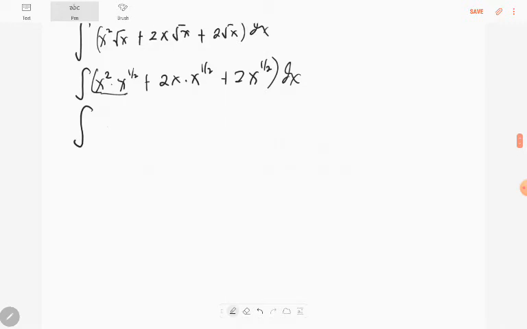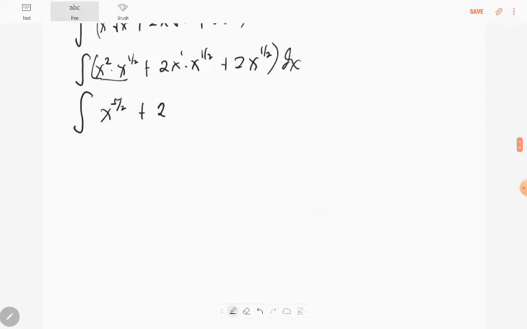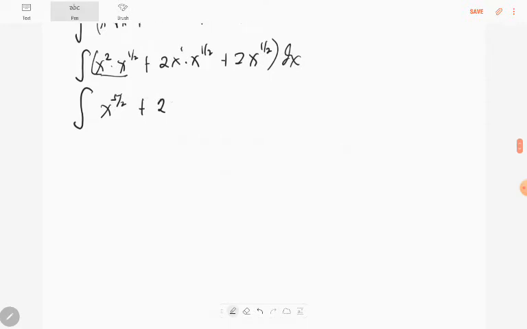So we add the exponents: this is x raised to 5/2, since that is 2 plus 1/2. Plus 2, and 1 plus 1/2 gives you x raised to 3/2, still plus x raised to 1/2.